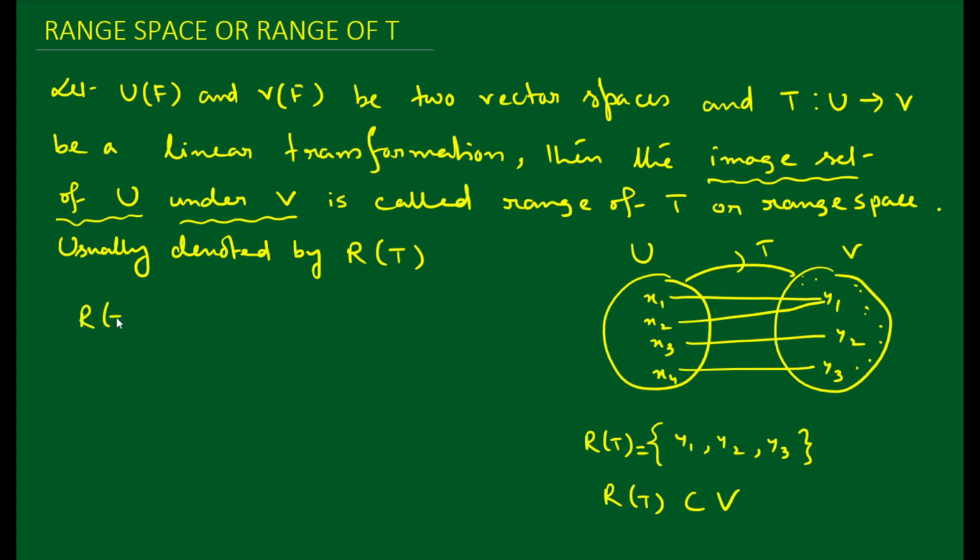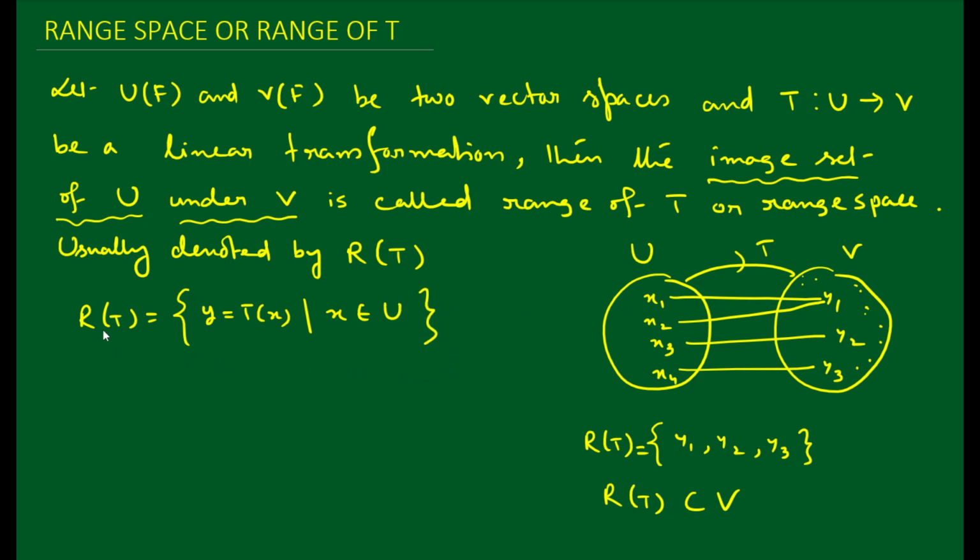सो आर ऑफ टी में क्या रहेगा? दोज एलिमेंट्स ऑफ V. So suppose y1 y2 y3, so those elements of V, so हम लोग y को ऐसे भी लिख सकते हैं, suppose T of x such that this x कहाँ पे था? इसका जो प्रीमेज है वो कहाँ पे रहेगा? U में रहेगा.